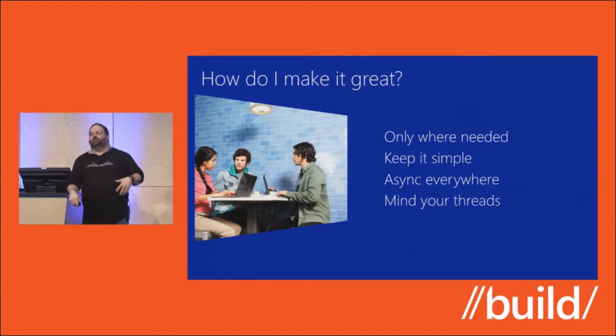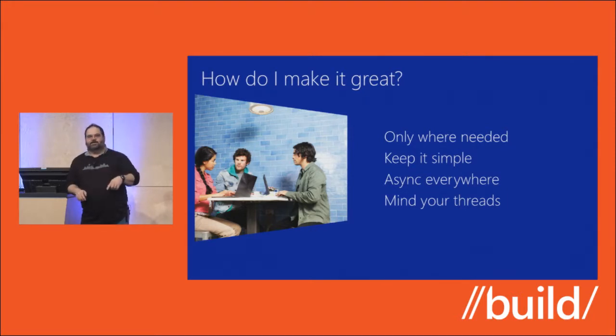How do you do good Windows runtime components? How do you make great ones? I've got a couple of guidelines here, and we'll talk about each one of these in order. But really, you want to use the Windows runtime infrastructure only where you need it. You want to keep that set of interfaces nice and simple in order to make everything fast and fluid. So make sure you get that for your buzzword bingo.